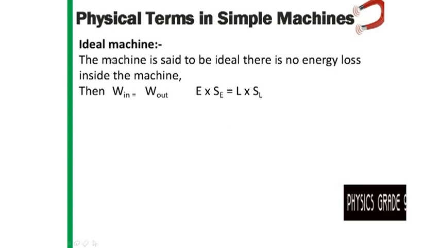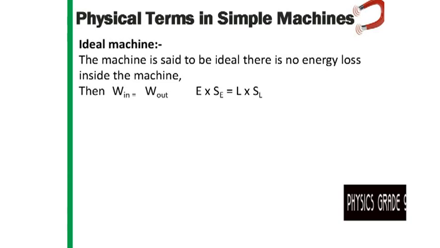Now, in an ideal machine, or a perfect machine, there is no energy loss inside. So in the ideal machine, the work input is equal to the work output. In other words, the amount of energy that goes into that machine is equal to the total output of energy from that machine.